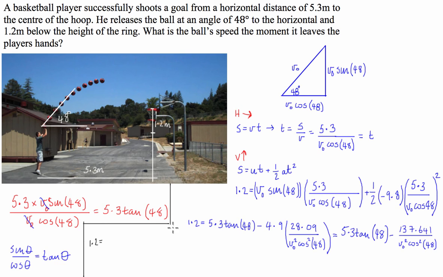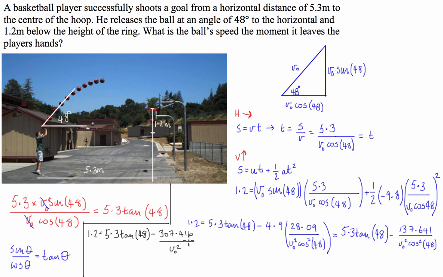And I'm going to end up with 1.2 is equal to 5.3 tan of 48, sorry, minus 307.416 divided by v naught squared.